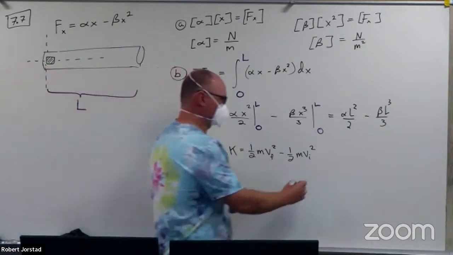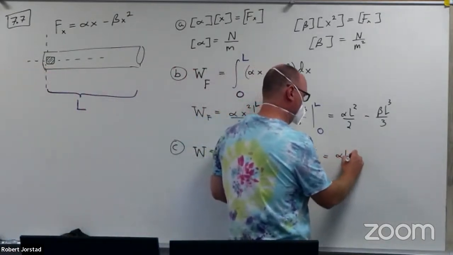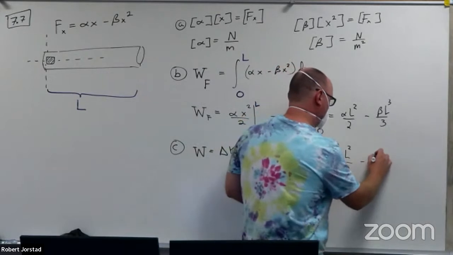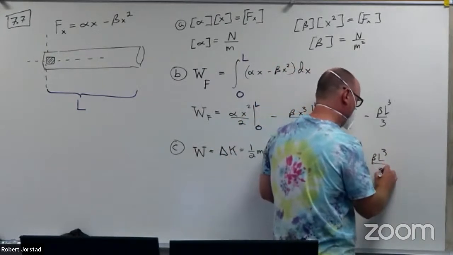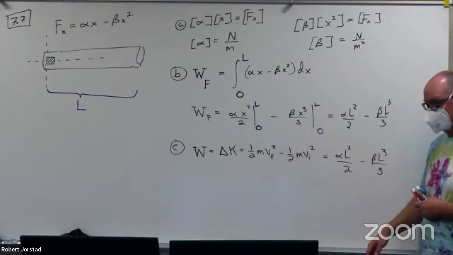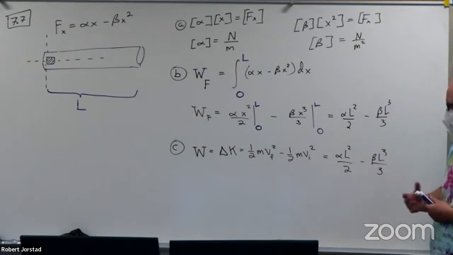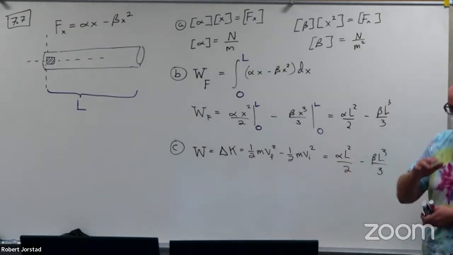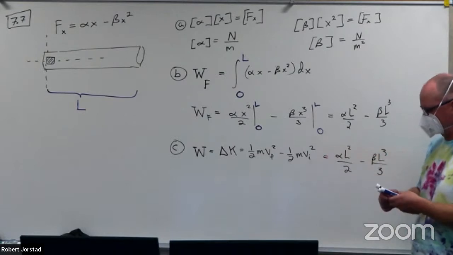So couldn't I just set this equal to that? And I could relate this to these parameters here. Maybe V initial is 0, maybe not. I don't want to go into that too much. Let's pretend V initial is not 0 for right now. Okay, so assume V initial is not 0.